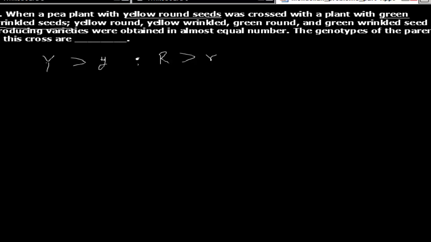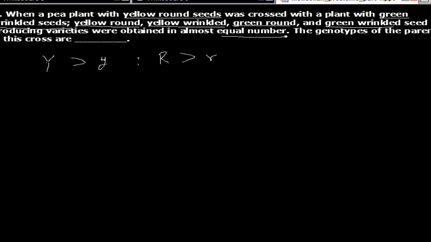So in the given case, what we are going to see is that the progeny, that is yellow round, yellow wrinkle, green round and green wrinkle, are producing in equal number.